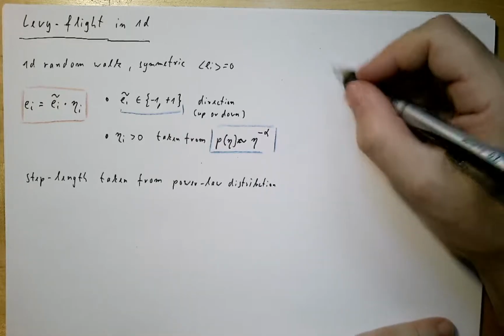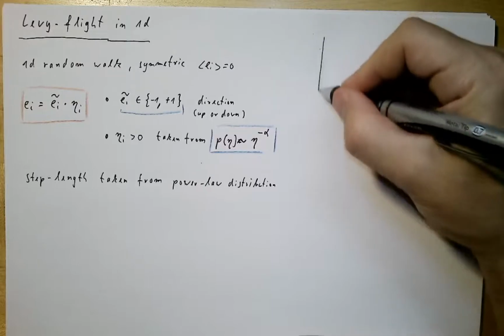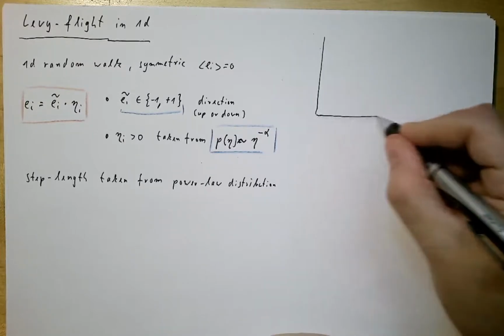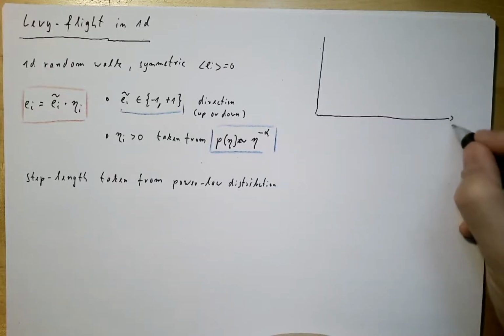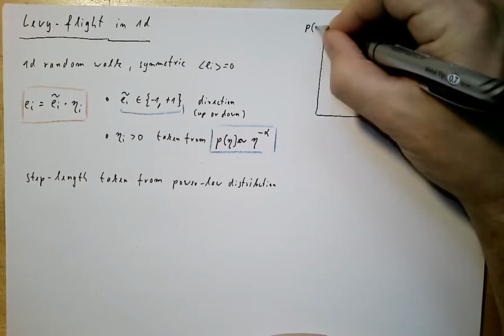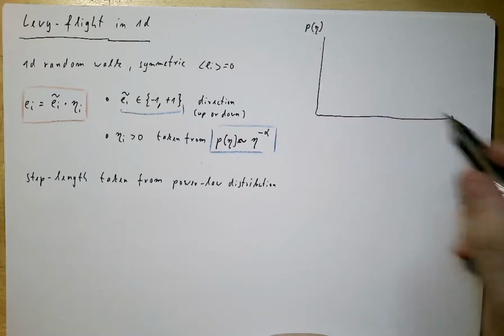We will talk a lot about power law distributions in the next video, but for the moment, let's say this is the length of such a step, and here we have the probability to have a certain step.